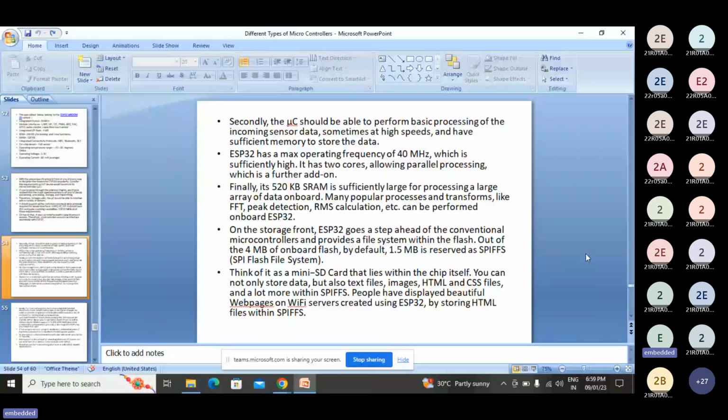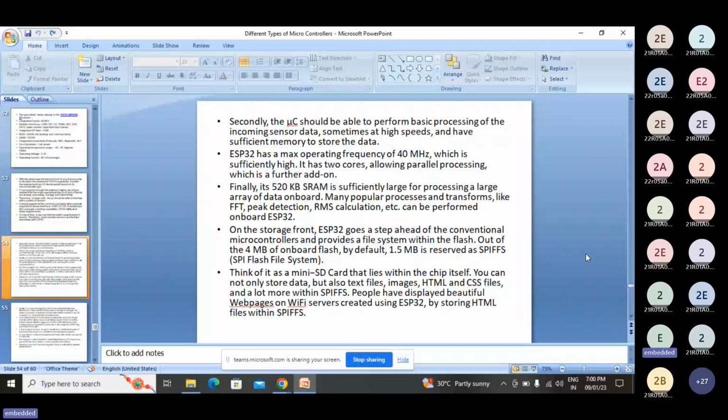ESP32 has a max operating frequency of 240 MHz, which is sufficiently high. It has two cores, allowing parallel processing, which is a further add-on. Finally, its 520 KB static RAM is sufficiently large for processing a large array of data on board. Many popular processes and transforms like FFT, peak detection, RMS calculation, etc. can be performed on board the ESP32.